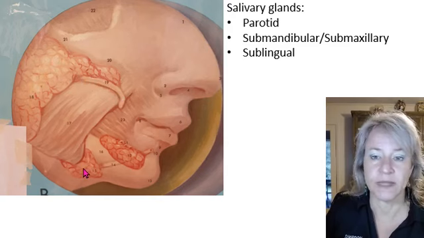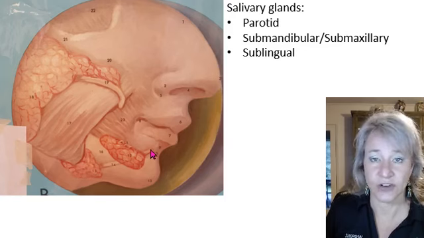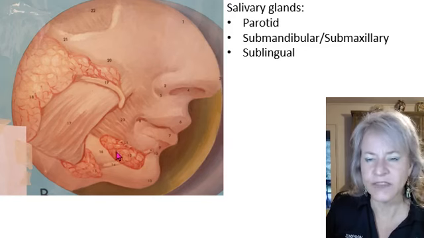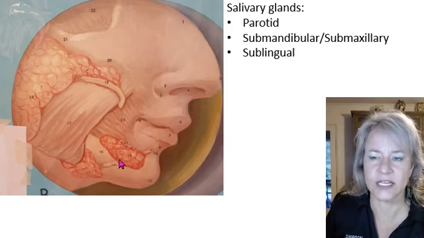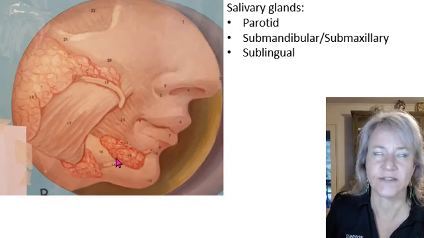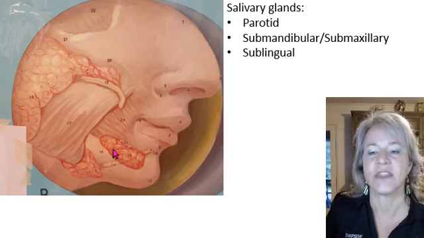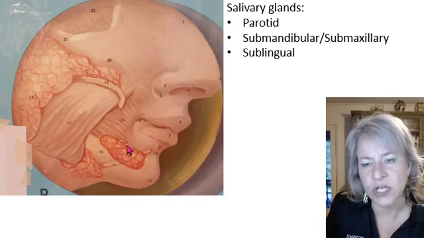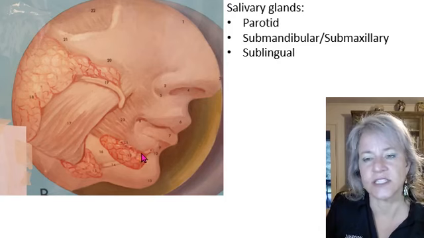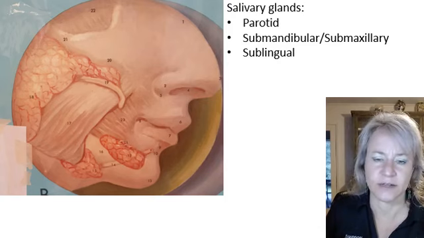And the submandibular or submaxillary salivary gland has the duct that secretes the saliva just under the tongue. And then the sublingual salivary gland is underneath the tongue, and there's a whole bunch of little ducts that secrete the saliva again up under the tongue.